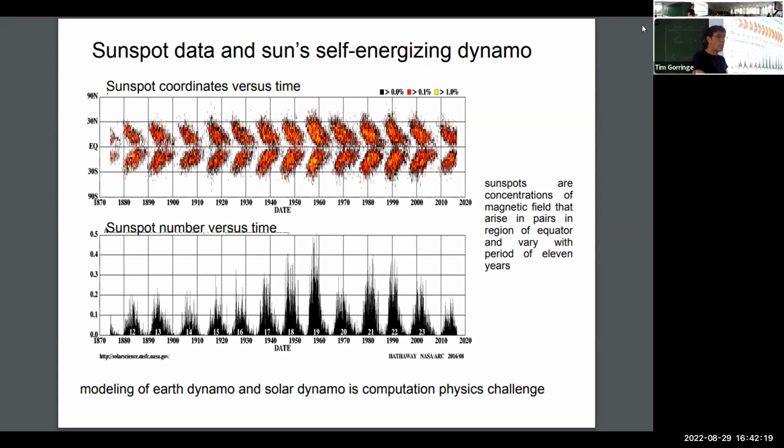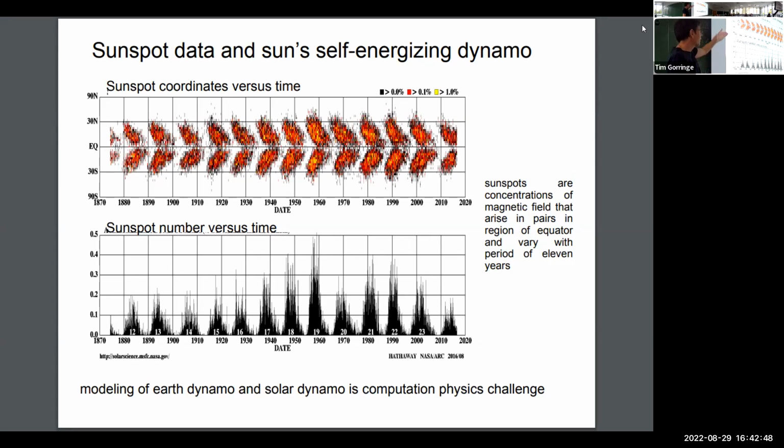And so at one level, that the Earth is a magnet, that the sun is a magnet, has a simple general physics explanation. At another level, the Earth's magnetic field and the solar magnetic field exhibit periodicities, there's chaos in these fields, and that requires computational physics to understand.